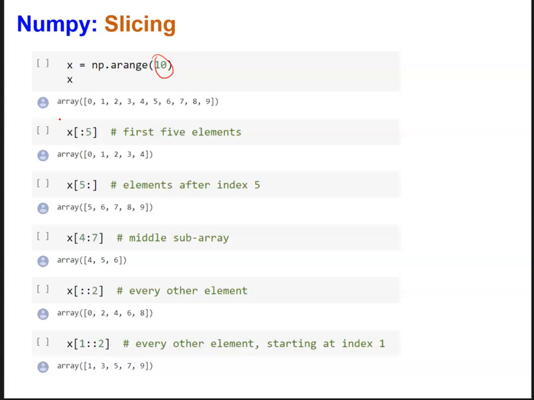Now this works exactly the same way as lists. If you know lists in Python, this is just straightforward. So this means that you want to start with the 0th element, and you want to stop at 4, right? So it never goes to 5. So it's going to give you numbers from 0 to 4.